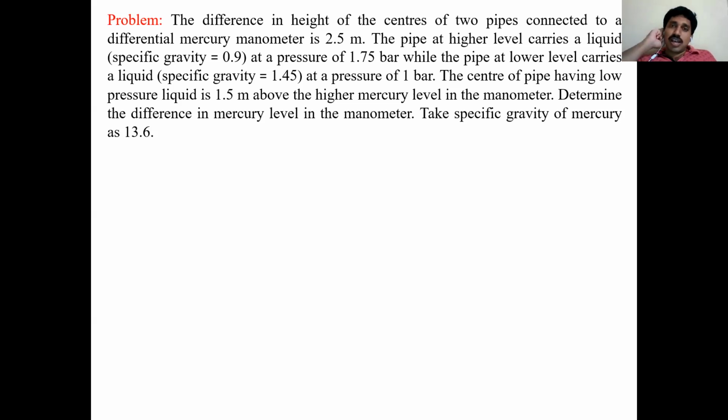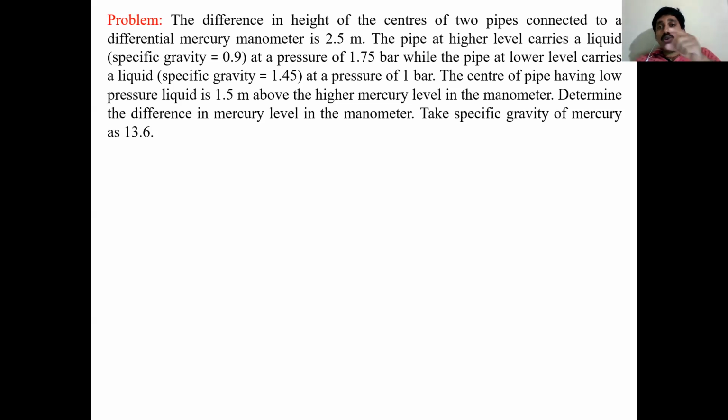Next sentence: the pipe at higher level carries a liquid of specific gravity 0.9 and pressure 1.75 bar. So at the higher level, pressure is 1.75 bar and specific gravity is 0.9.